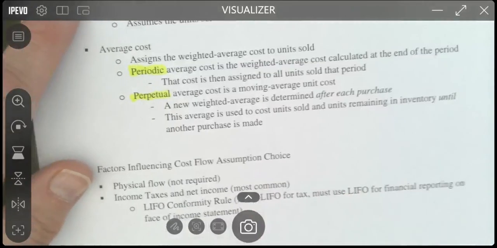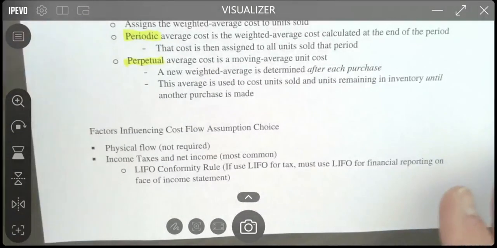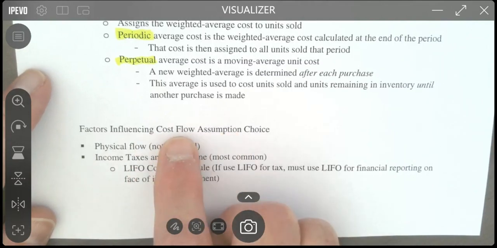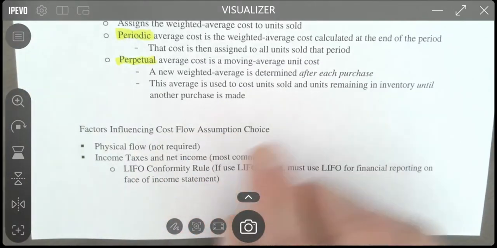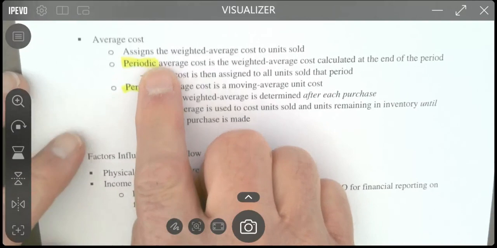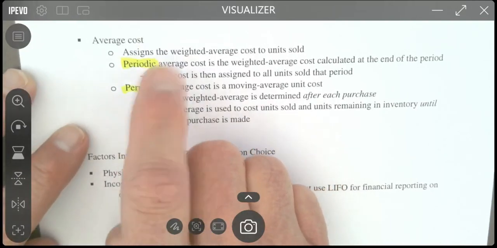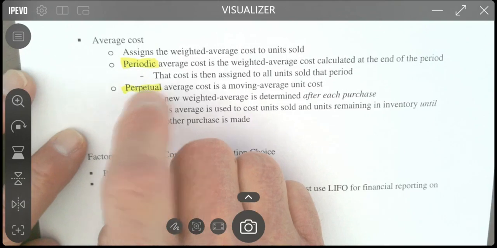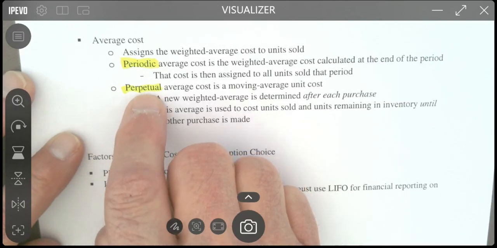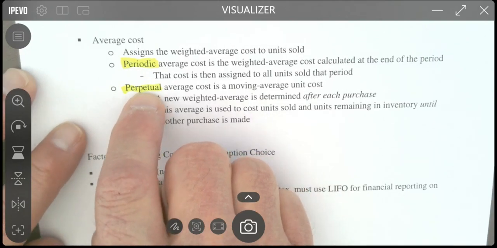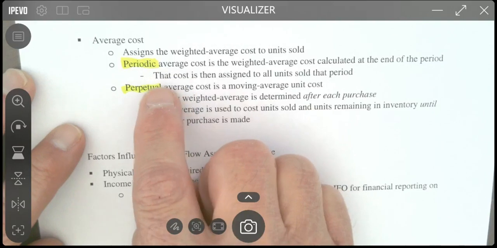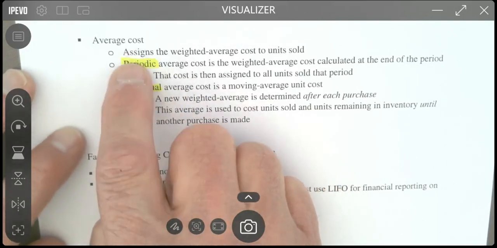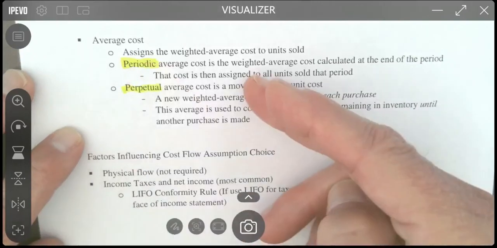And again, factors influencing the choice of the cost flow assumption. A factor influencing the choice of periodic or perpetual is primarily the cost of keeping the records necessary for doing a perpetual inventory system. That's the determinant of whether we're going to choose a perpetual or a periodic inventory system.